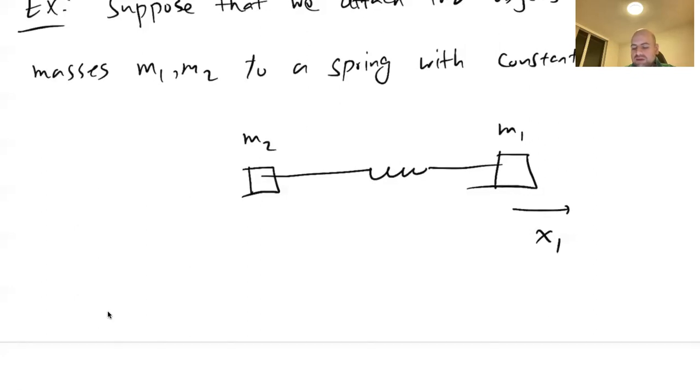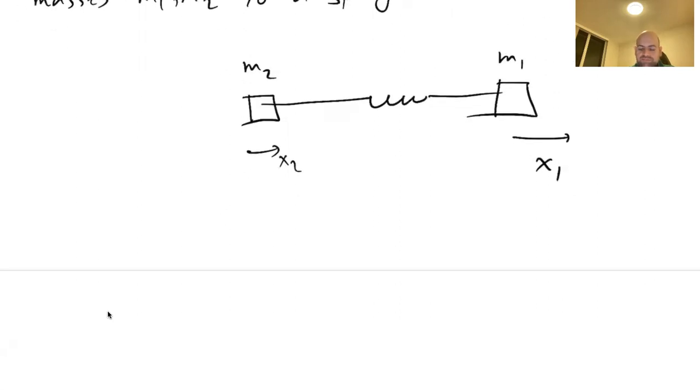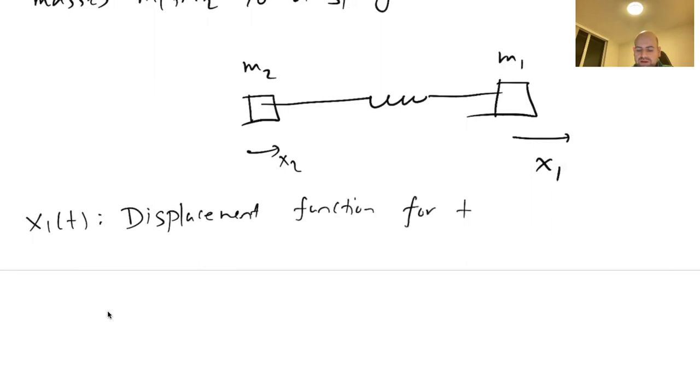Here we are using the notation x1 and x2. So x1 of t is basically the displacement function for the first object, and x2 of t is the displacement function for the second object.